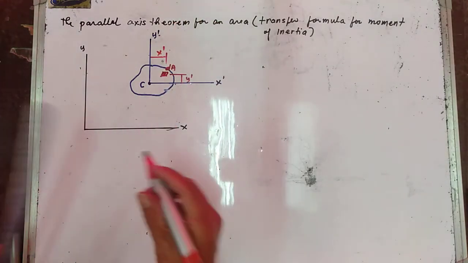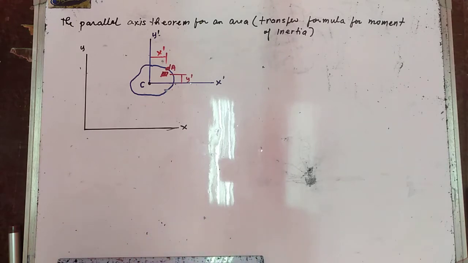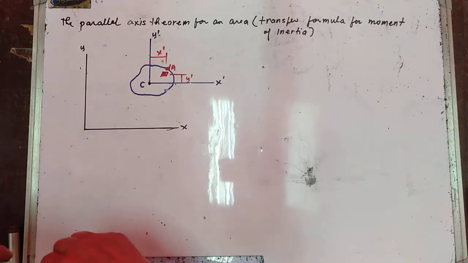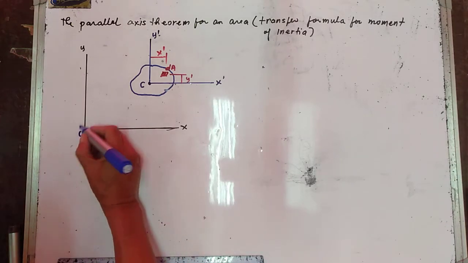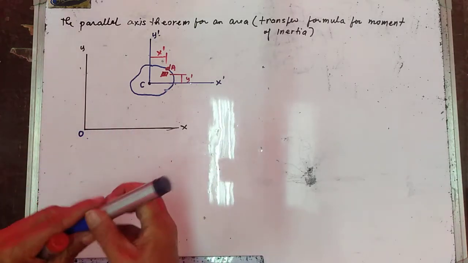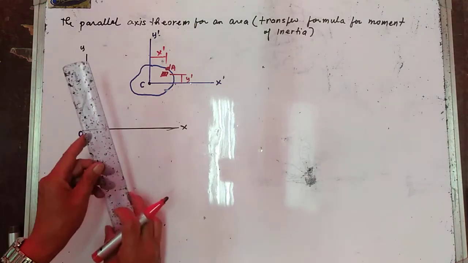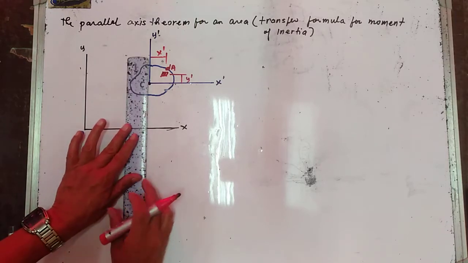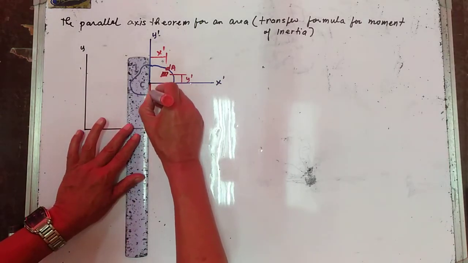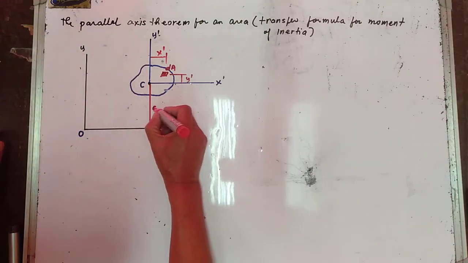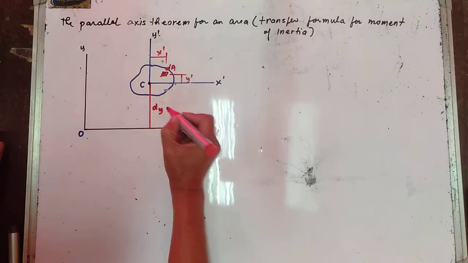Now, the distance of the centroid of this area from the x-axis is equal to d sub y. So I'm just going to call this one in here the distance d parallel to the y-axis.